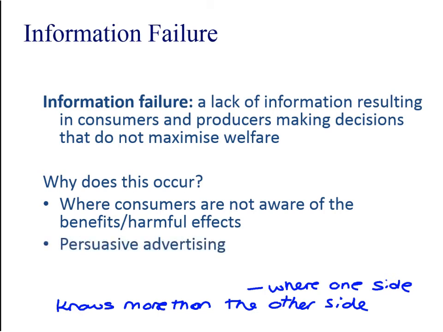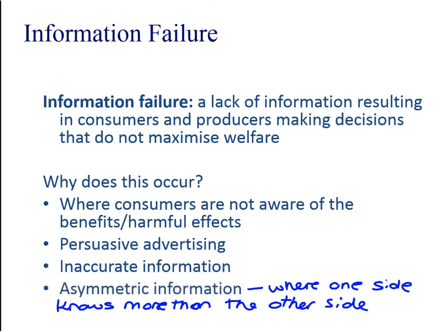Maybe you have overly persuasive advertising that makes the product look better than it is. Maybe you have just inaccurate information, so you've been intentionally misled. Or maybe you have something called asymmetric information, where one side, either the consumer or the producer, knows more than the other side.